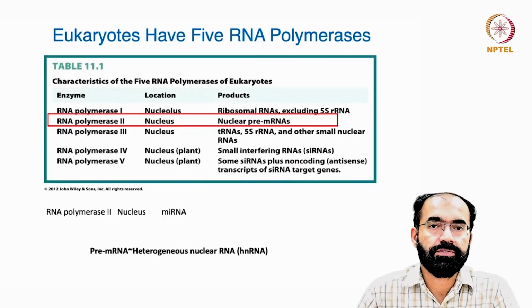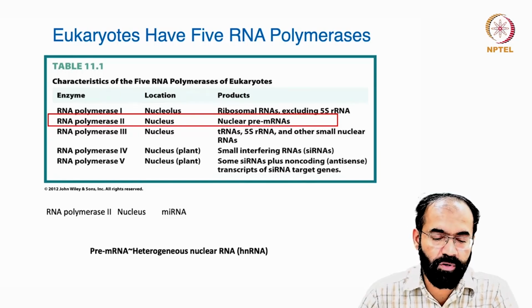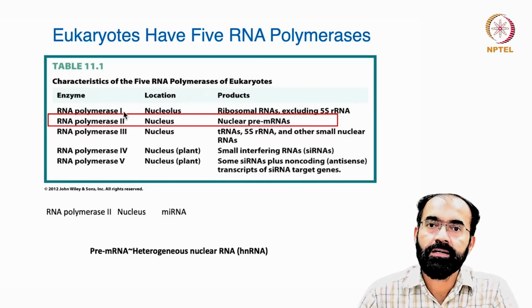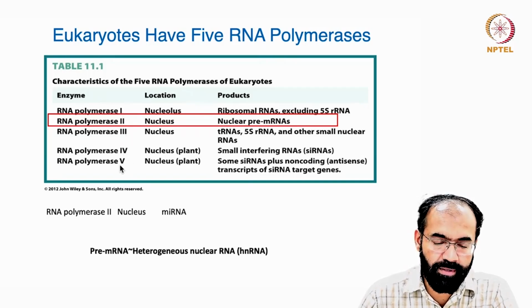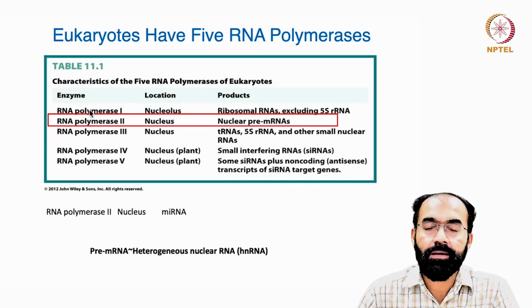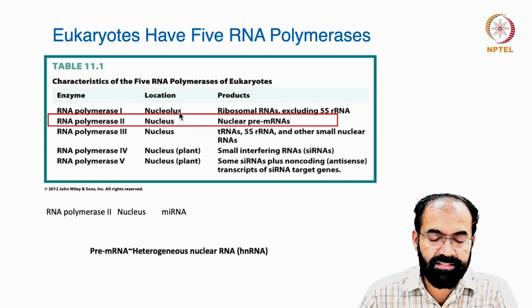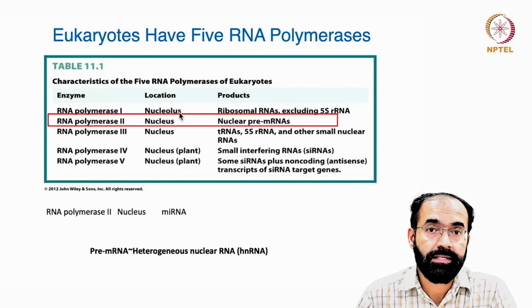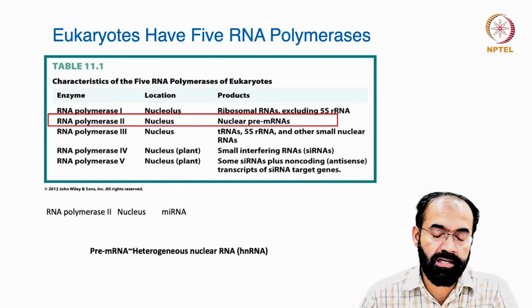So eukaryotes have around 5 different types of RNA polymerase: polymerase 1, polymerase 2, polymerase 3, polymerase 4 and polymerase 5. RNA polymerase 1 is predominantly in the nucleolus. The nucleolus is a structure that can be seen densely stained in the cross section of a cell.